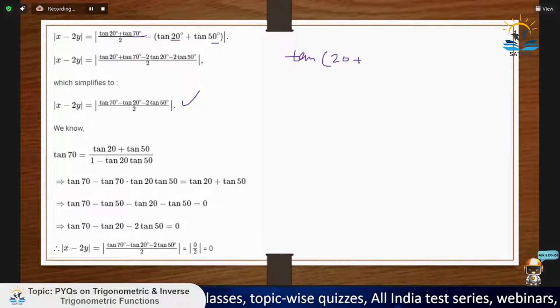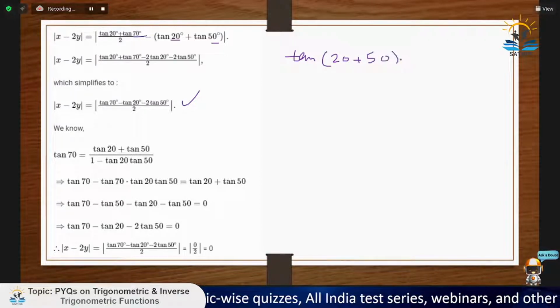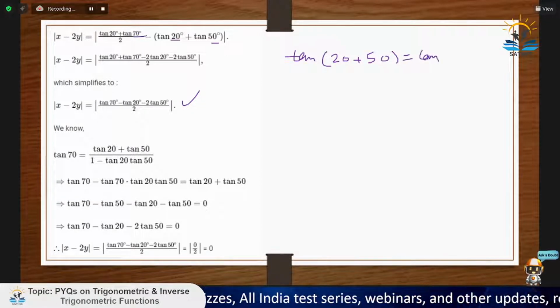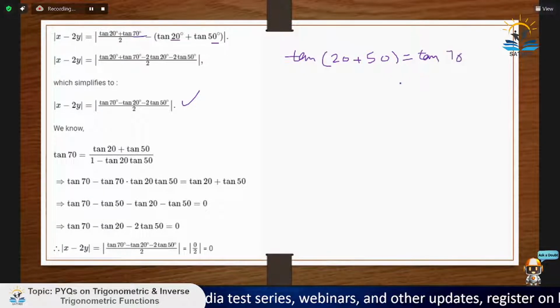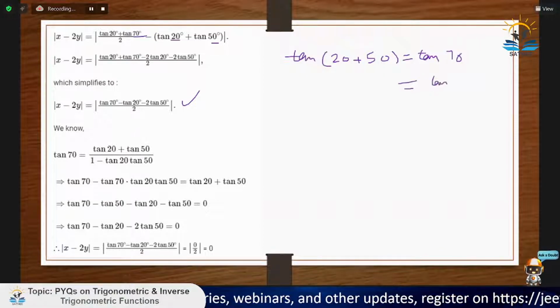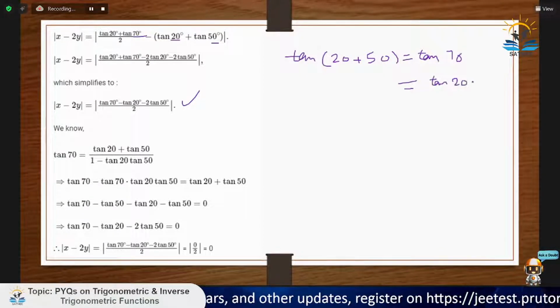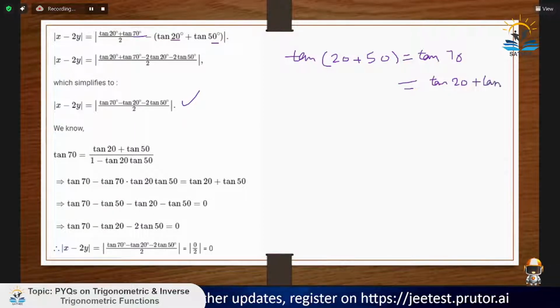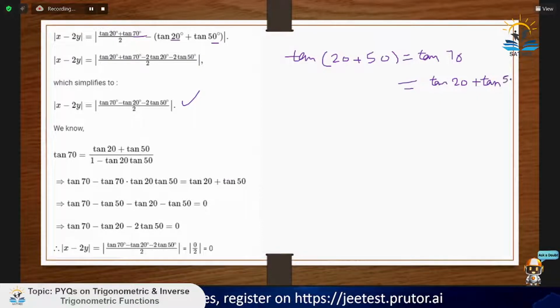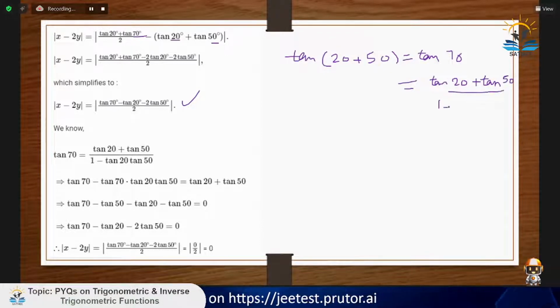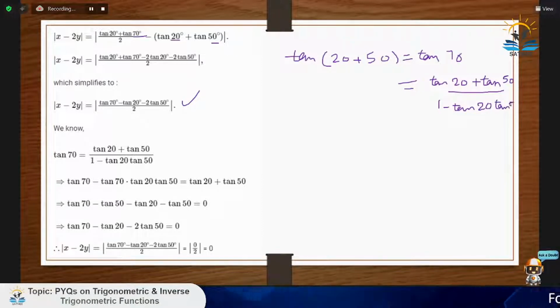So tan of 20 plus 50, which is equal to tan 70, is equal to tan A plus tan B upon 1 minus tan A into tan B. Okay, so you can say that tan 70 minus tan 70 into tan 20 into tan 50, which means this expression is equal to this thing.